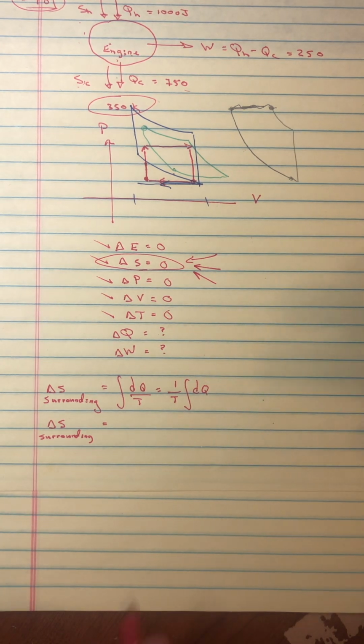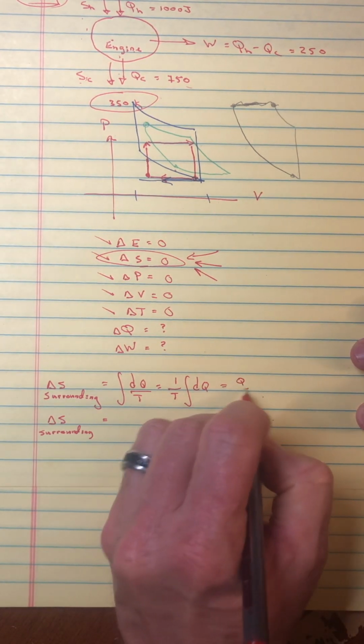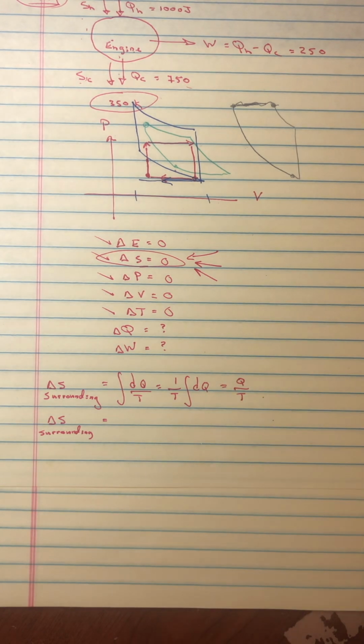Here, we're going to just simply get a Q over a T. And that showed up in one of the earlier ones. That real long one, what number was that? It was like number 20. And it didn't really ask for entropy, but I worked it out.